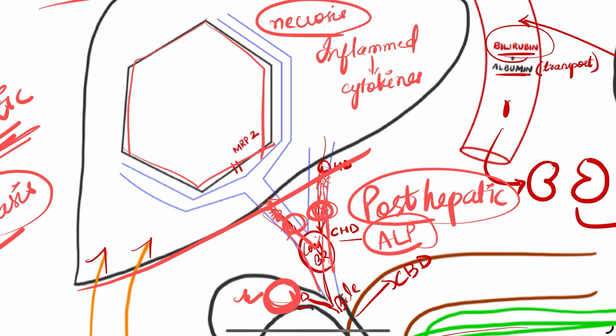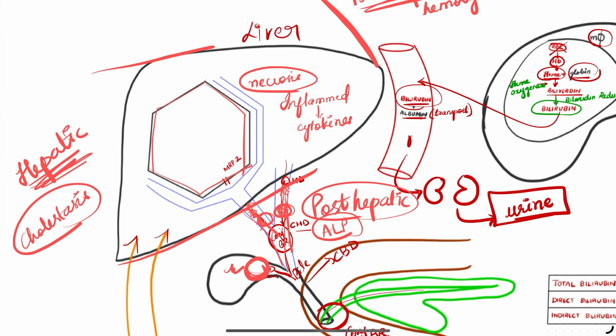So whenever there is necrosis, this unconjugated bilirubin or the indirect bilirubin on reaching the hepatocytes, because of loss of few of the necrosed hepatocytes, the liver is unable to conjugate it properly.